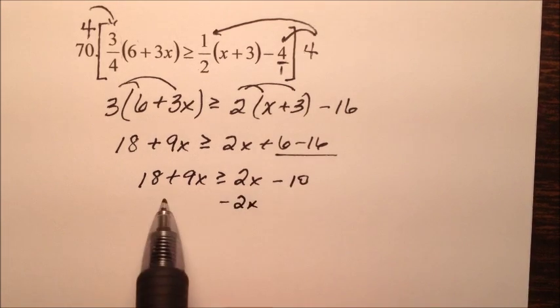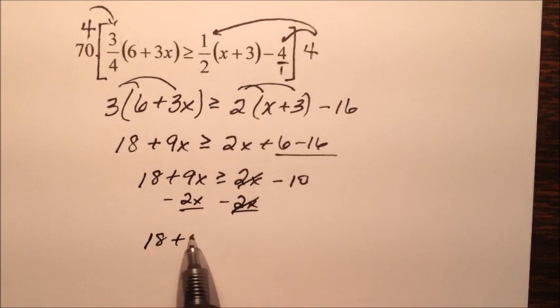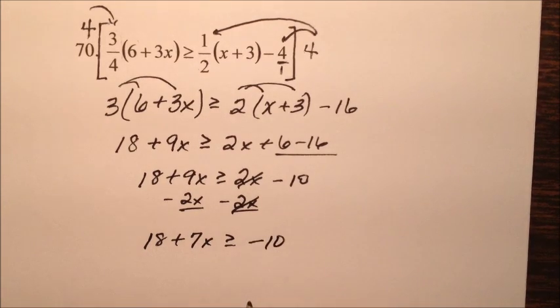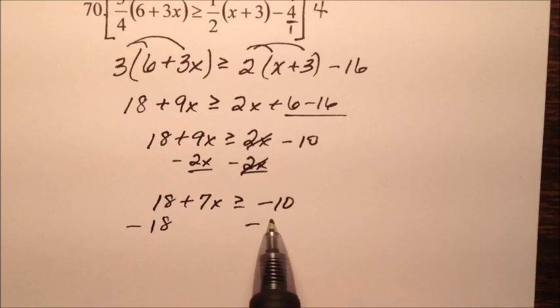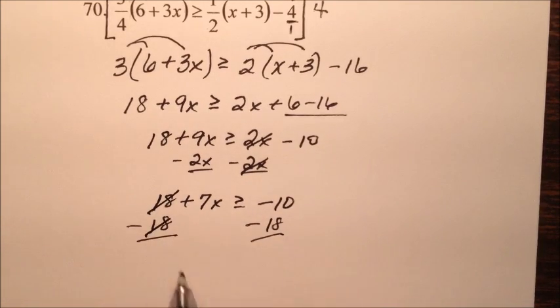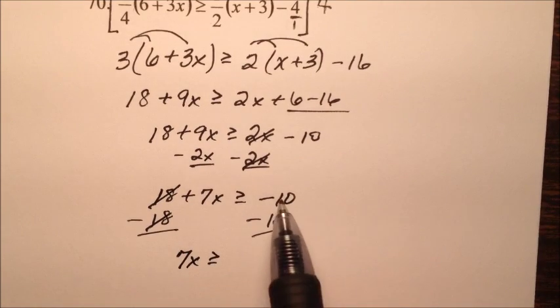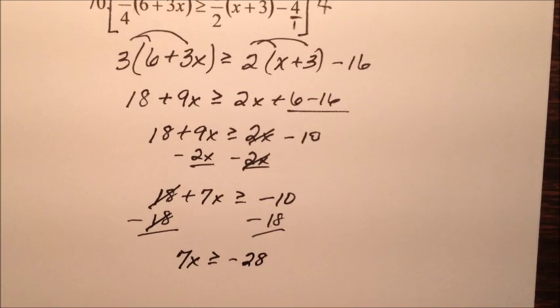Let's go ahead and get all of our variables on the left side. So I have 18 plus 7x greater than or equal to negative 10. Okay, and then let's subtract 18 from both sides. So those will cancel. And we get 7x is greater than or equal to negative 10 and negative 18, which will make a negative 28.